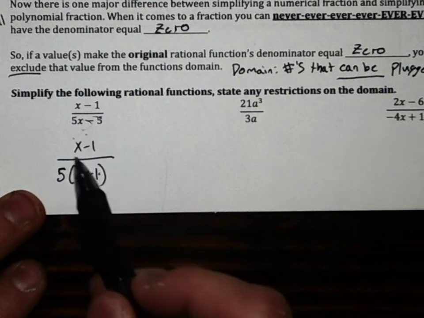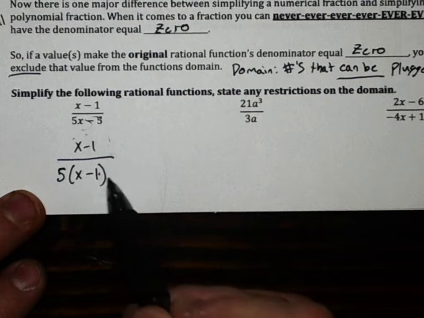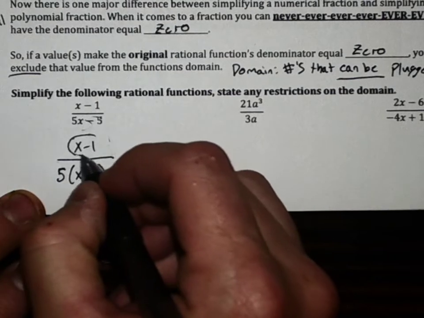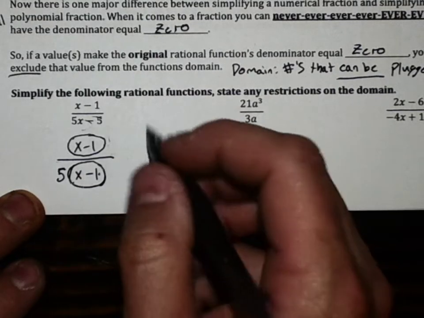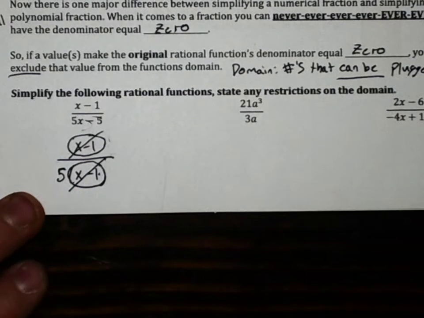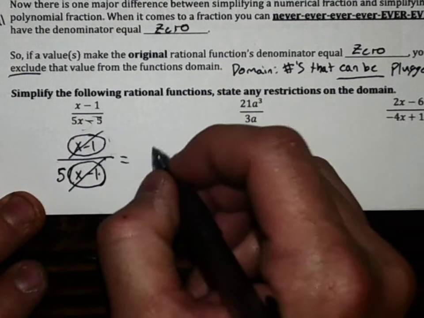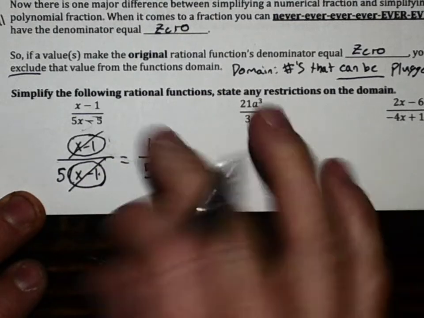We have a factor of x minus 1, which is being divided by a factor of x minus 1. So this x minus 1 and this x minus 1, they divide away. X minus 1 divided by x minus 1 is 1. So this leaves us with what's on the top, a 1, and what's on the bottom, a 5.